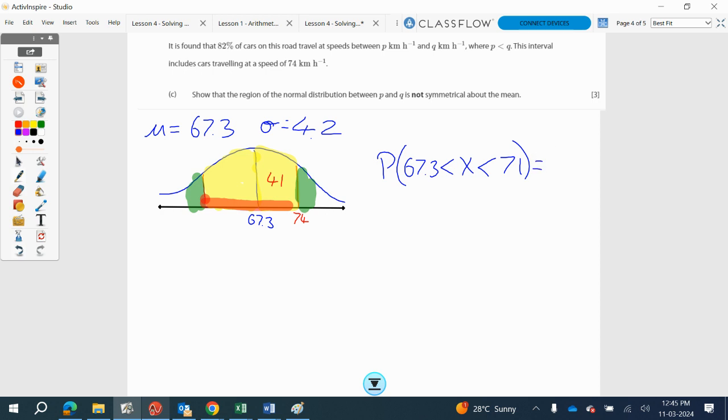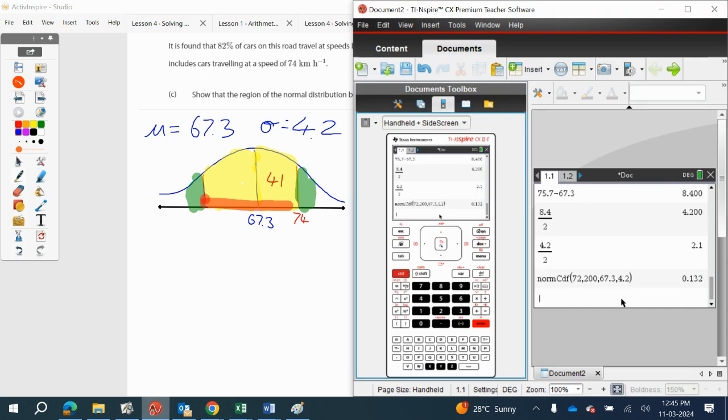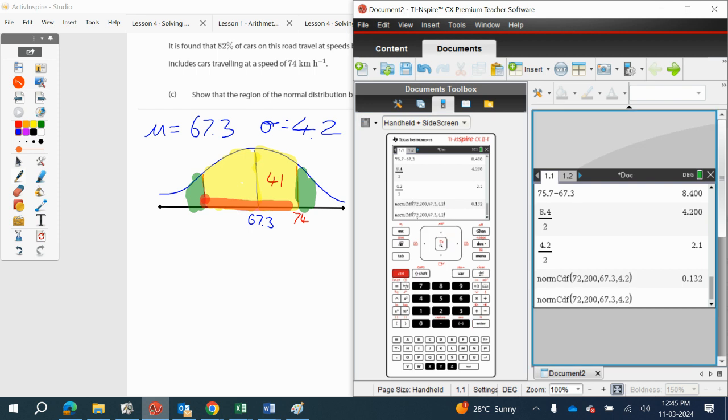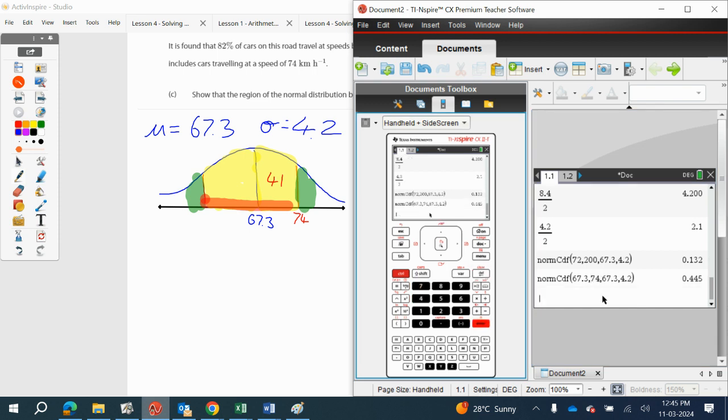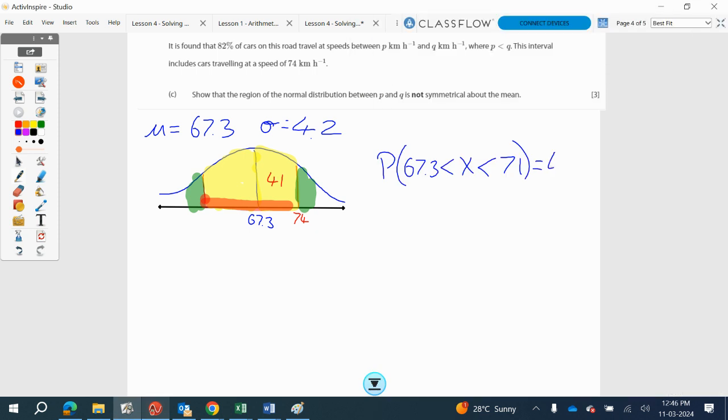Put this into your calculator now, see what you get. We get 44.5%. So there's no way that this can be symmetrical about the mean.